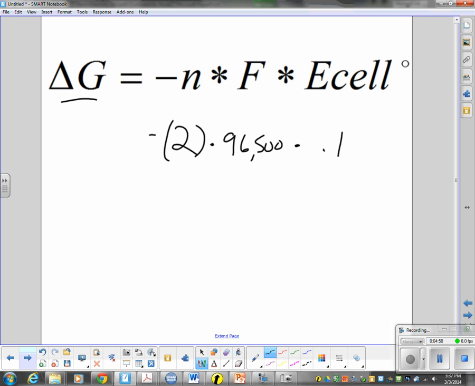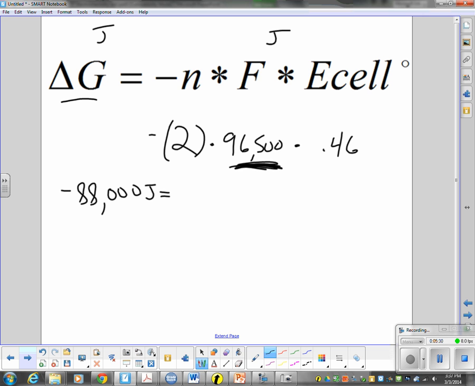When I pop all those into my calculator and multiply it all, I'm going to get negative 88,000 joules. Since Faraday's constant is in joules, it will spit my delta G out in joules.